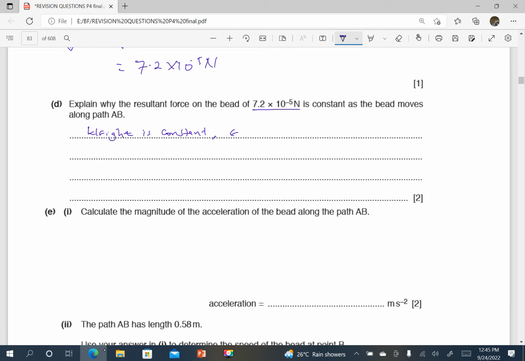The electric force is also constant because the field strength is constant.